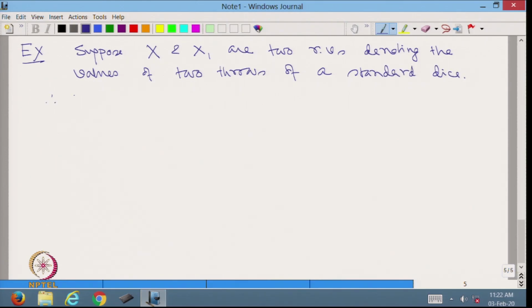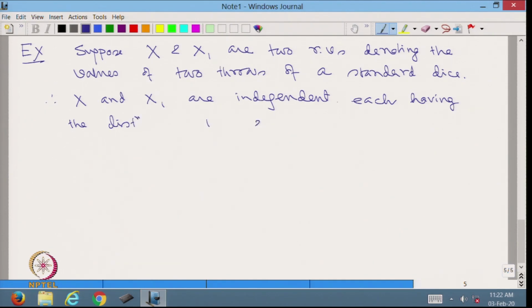Therefore, X and X1 are independent, each having the distribution 1, 2, 3, 4, 5, 6 with probabilities 1 by 6 for all the 6 values.